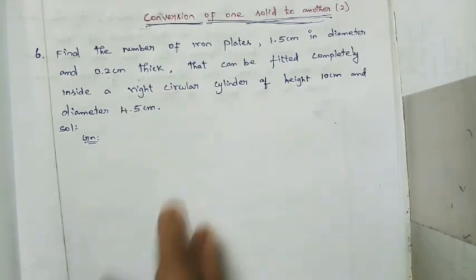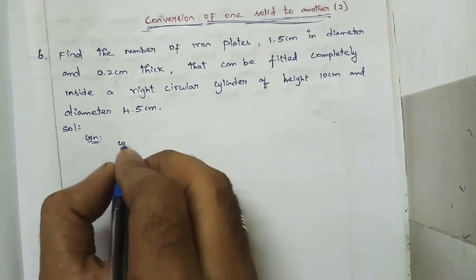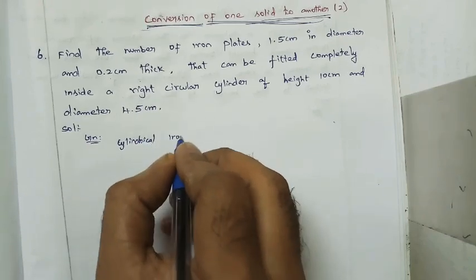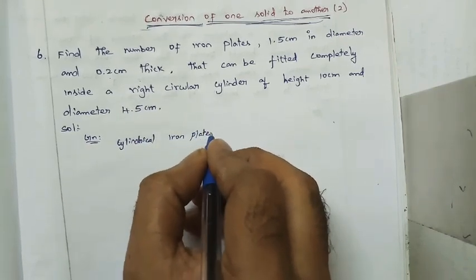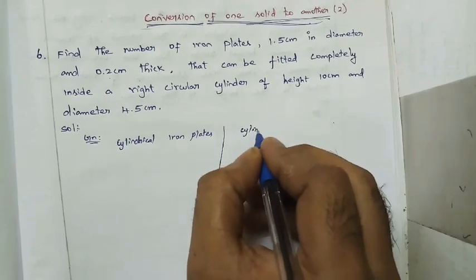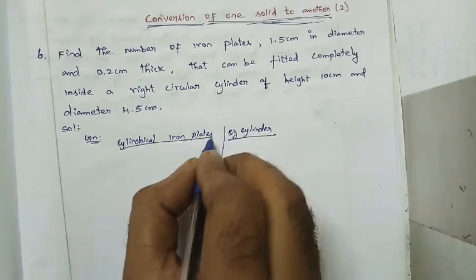Given the cylindrical iron plates, the next one is another cylinder, cylinder 2 or big cylinder. We use the word big cylinder to differentiate.